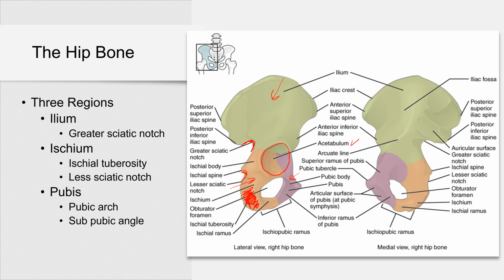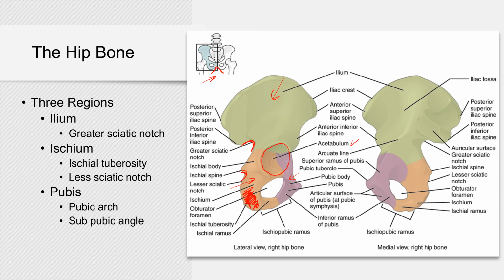So we would have this angle over here that's called the subpubic angle, and it allows you to differentiate between male and female pelvis. Because if this angle over here, your pubic angle, is 90 degrees or more, then it's a female pelvis. If it's less, it's a male pelvis.